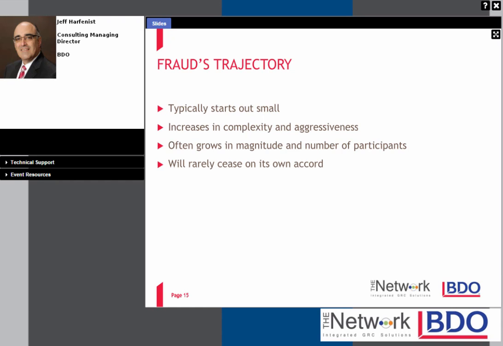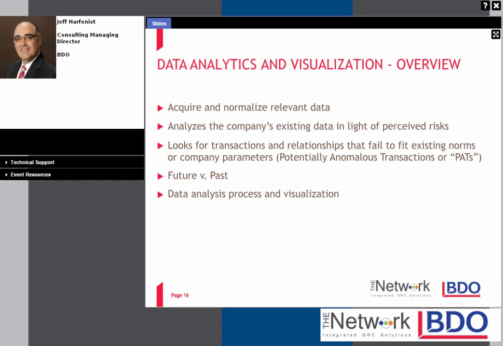And what you're looking for, you're really looking for needles in haystacks. And we call these potentially anomalous transactions, or PATs. And these are transactions that hide in plain sight. They are well papered, they've got the right signatures, they look legitimate, but they are fraudulent.